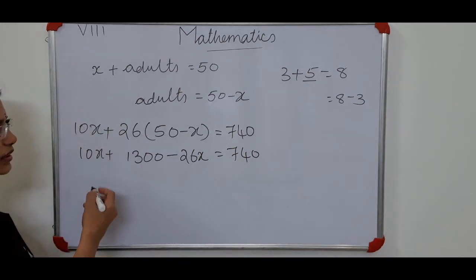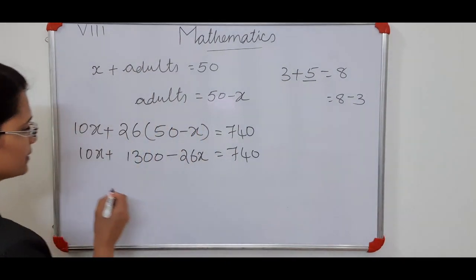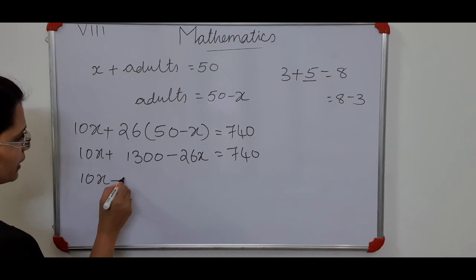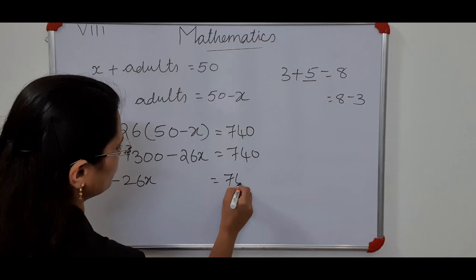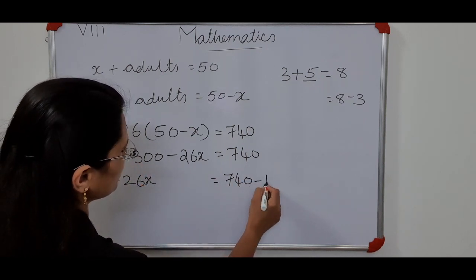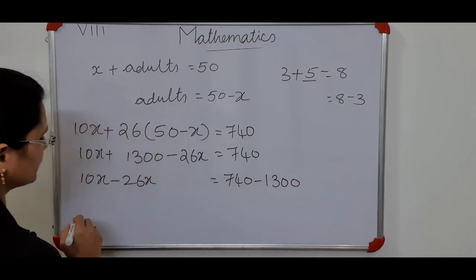Then, take the x terms together and constant terms on the right side. 10x minus 26x is equal to 740, this plus 1300 to the right side, that means minus 1300.